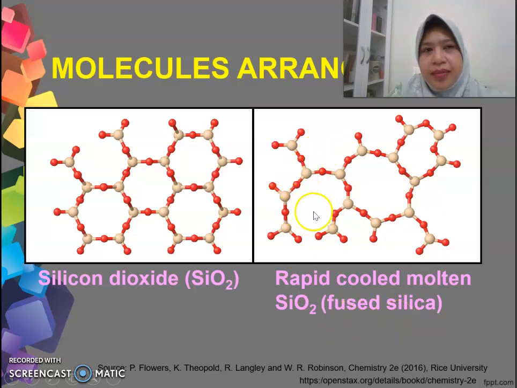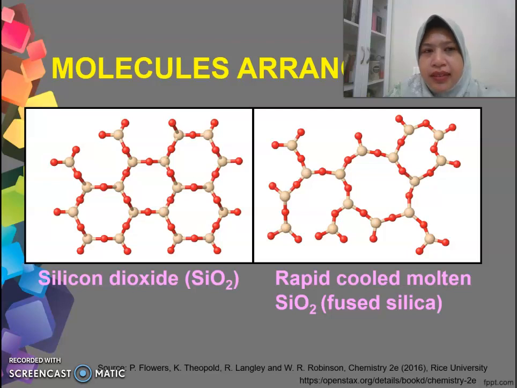You can see here the arrangement becomes randomly arranged. So now we know that silicon dioxide can form either crystalline or amorphous solid, but it depends on the condition of the production of the substance.